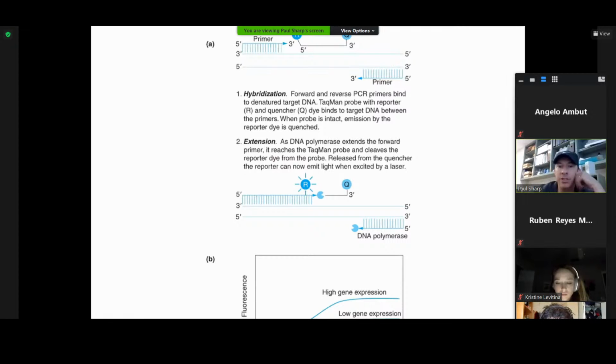Now, to really understand how this is working, I'm going to correct myself. No, I'm not going to correct myself. Okay, I'm going to continue with my explanation.